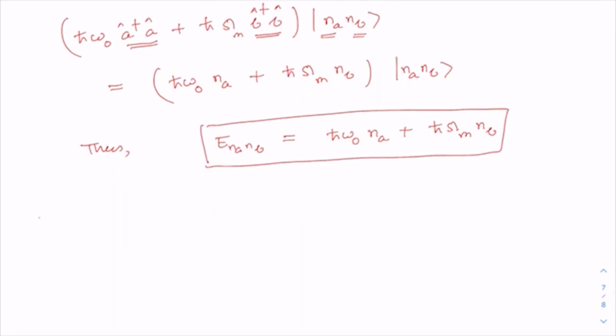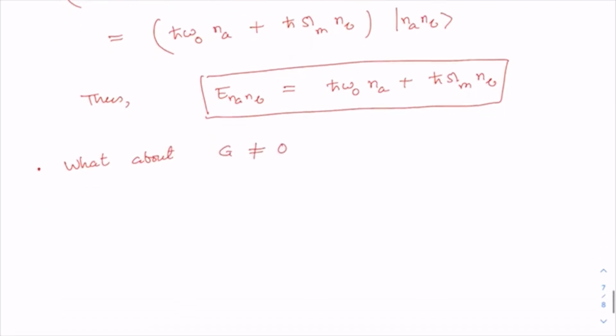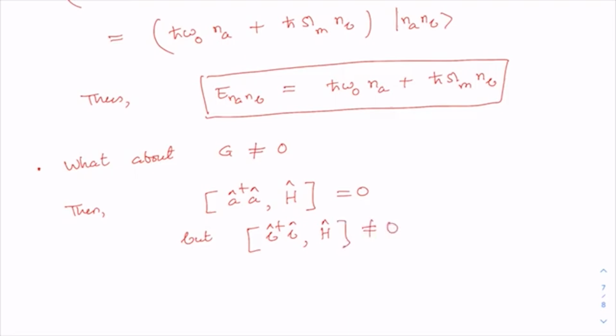Now what about the case when the coupling Z is non-zero? In this case, you can immediately see that the commutation relation between a†a, the number operator for the cavity mode, and the Hamiltonian is equal to 0, but the commutation relation between b†b and the Hamiltonian is not equal to 0.